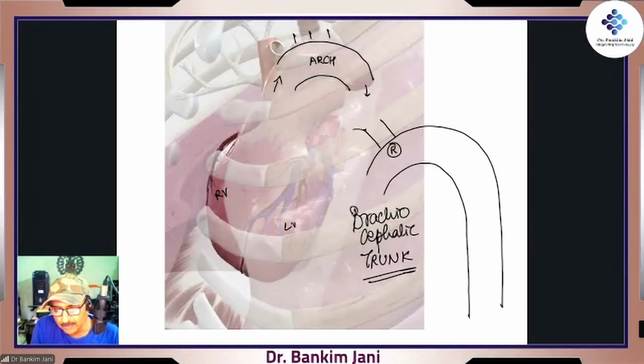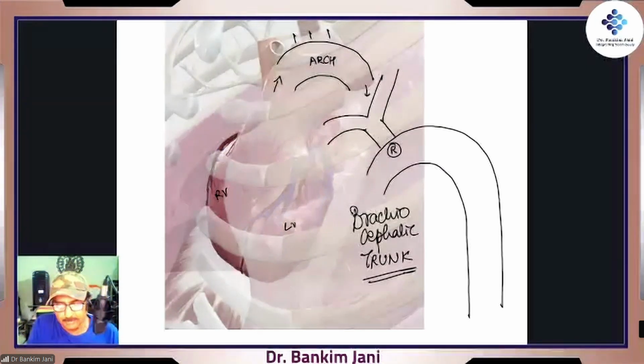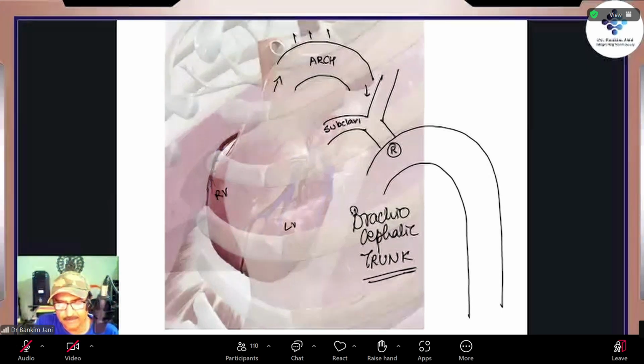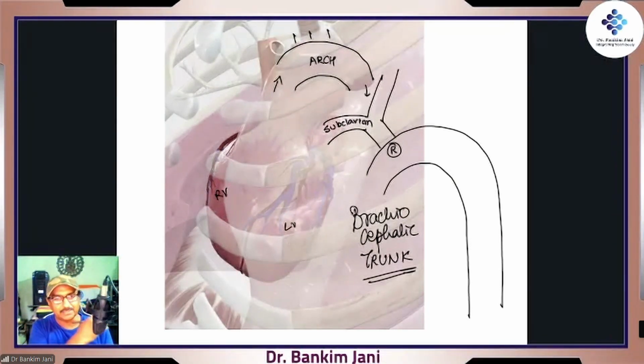Yes, because it divides into two parts. One becomes the subclavian, which as it proceeds becomes axillary and keeps supplying all the muscles of our arm. The one which goes up is the common carotid artery.